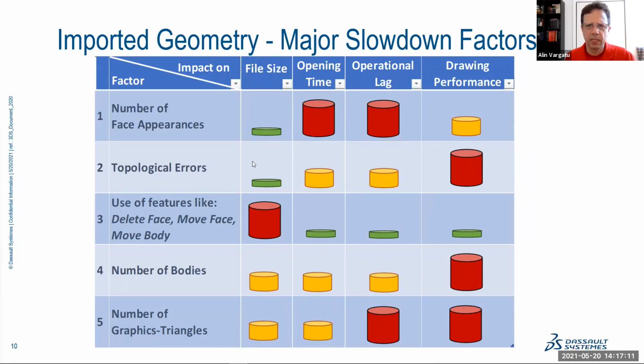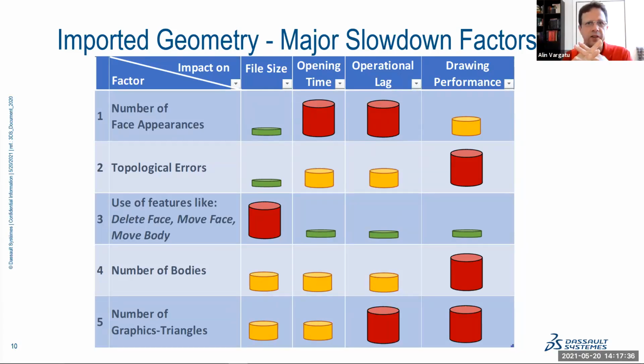Topological errors. So that would affect mostly drawings. When I say topological errors, let's say you run import diagnostics, and you're going to have a bunch of faces that are failing. The problem with that, especially in 2020 and 2021, is that SolidWorks drawings wouldn't be able to compute their edges using the body data because the bodies are invalid.